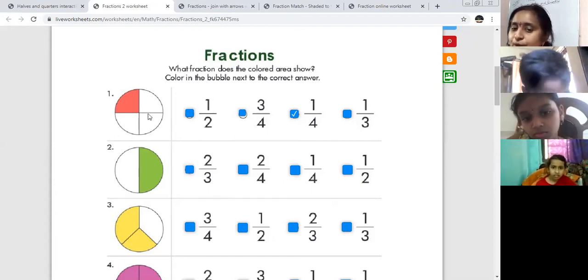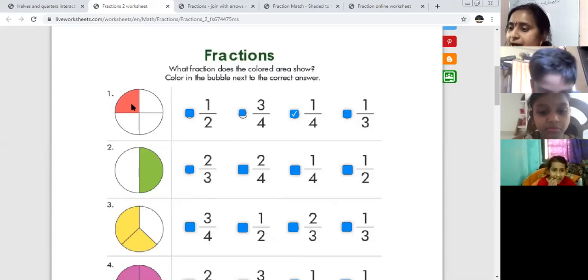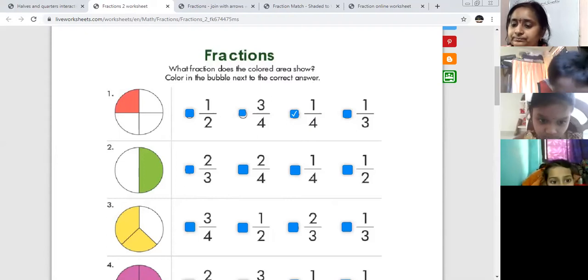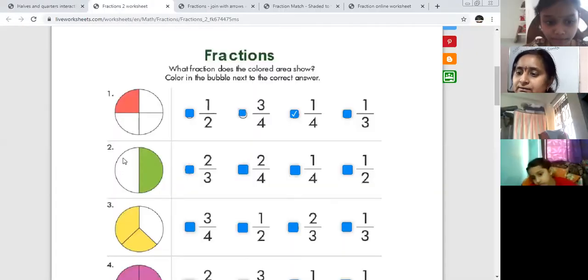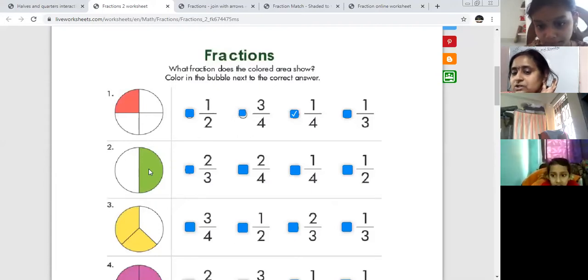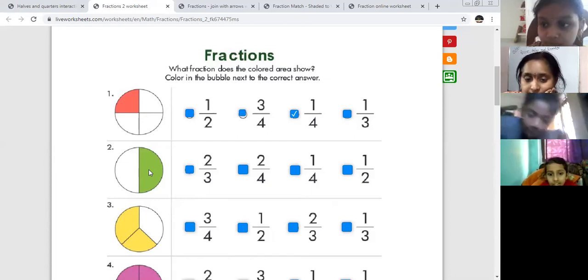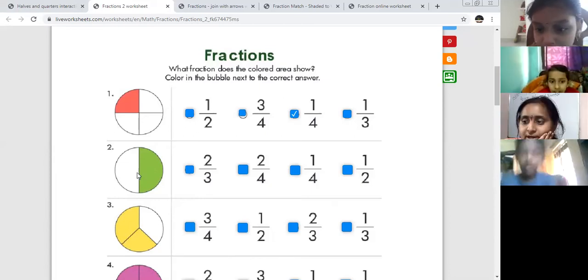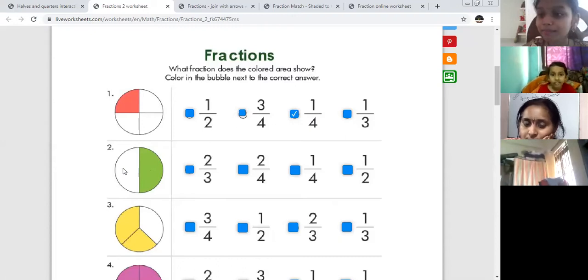In 4 parts, how many parts are colored? 1 part is colored. Total, how many parts do we have here? 2. So what is the answer here? 1 by 2.